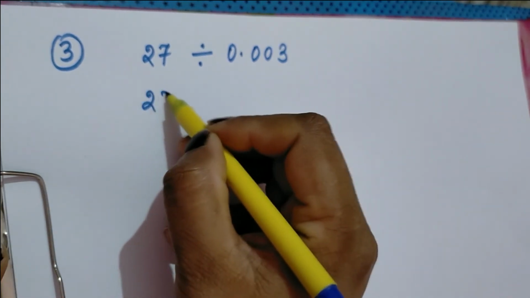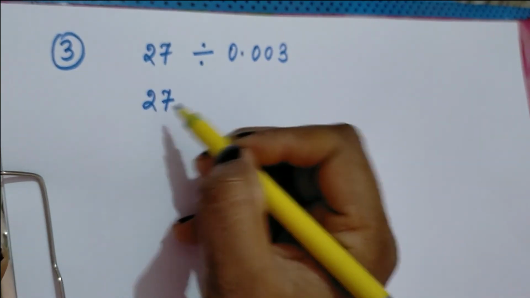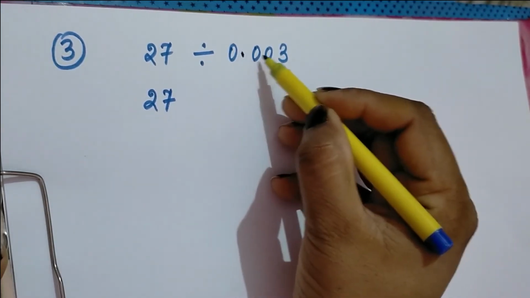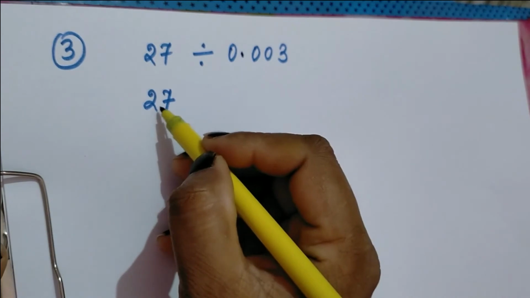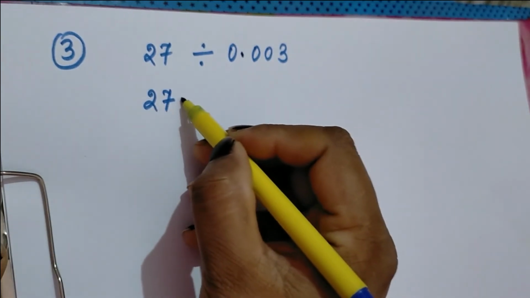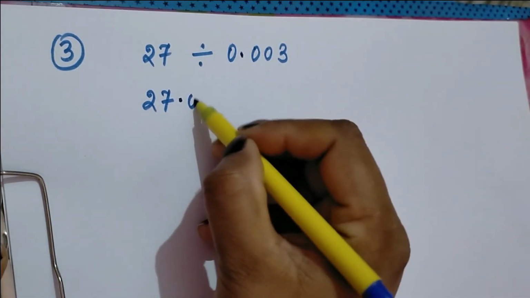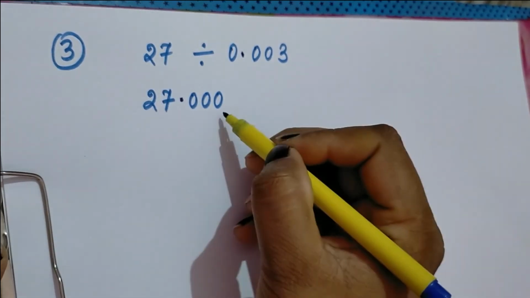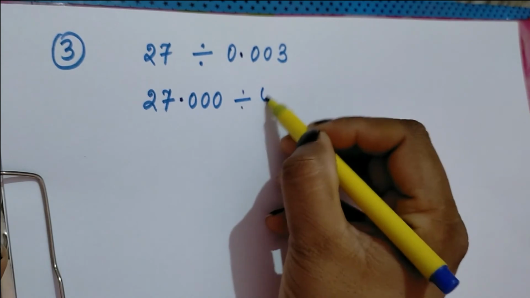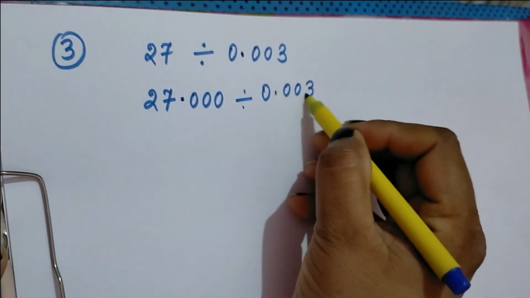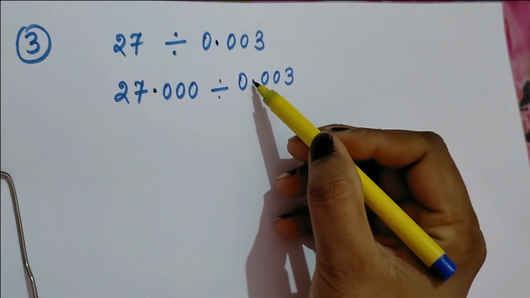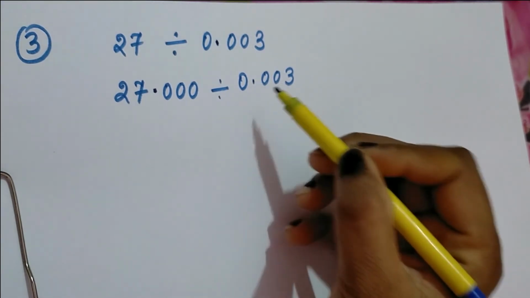Keep in mind, after the decimal point we have 3 digits. So while converting this 27 we will put 3 zeros after the decimal point, to make 27 a decimal number divided by 0.003.